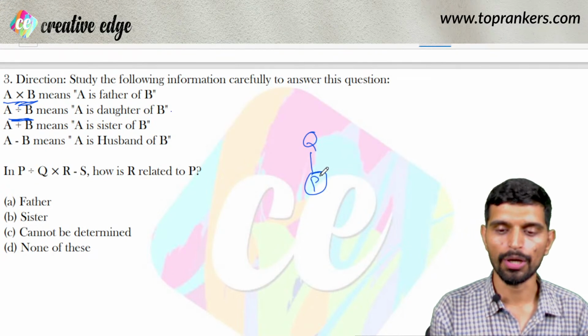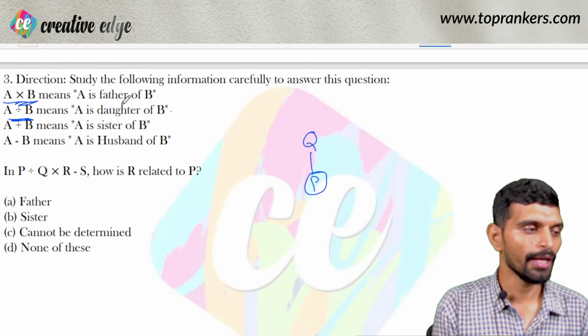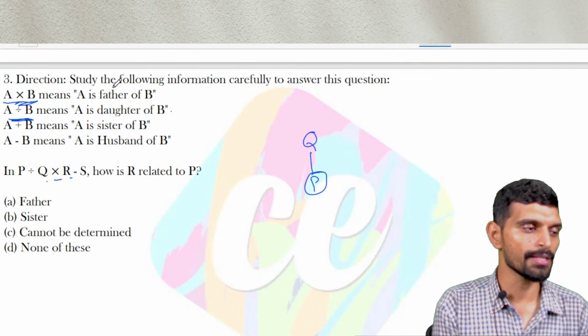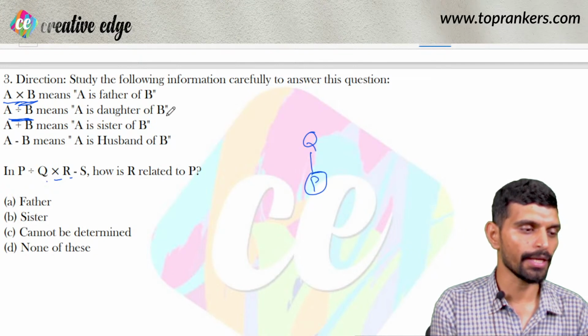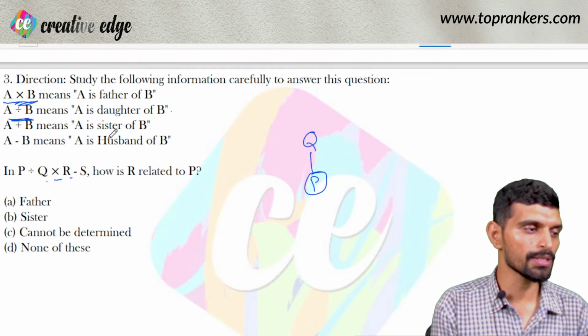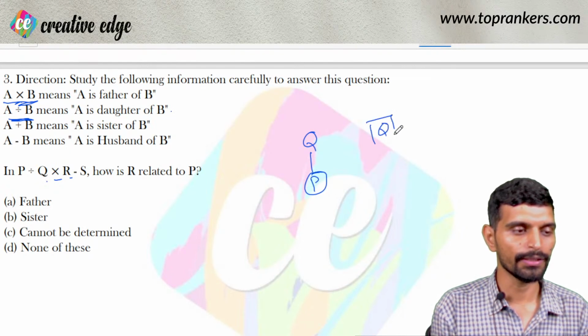So if P is daughter, P is female. Then the next part says Q cross R, Q multiplied by R. So the multiply sign says the person before the multiply sign is father. So Q is father of R.